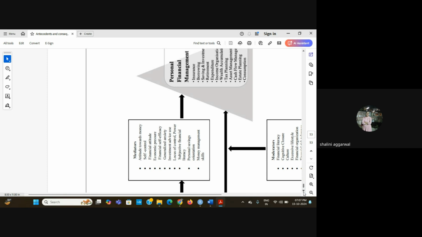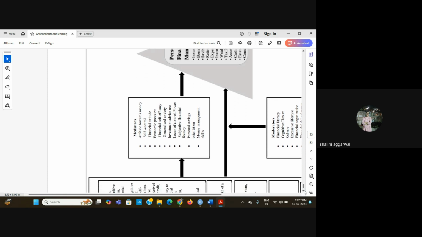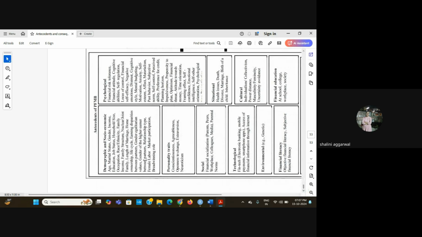What Satish Kumar has done, on personal financial management, is read all the previous papers and jot down all the factors in them. Look at this: situational, cultural, financial, education, everything.